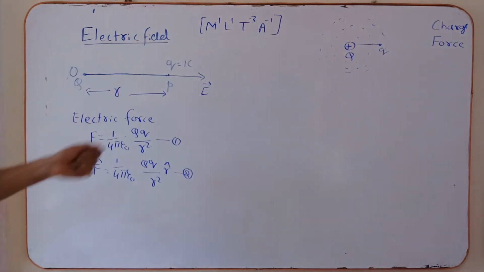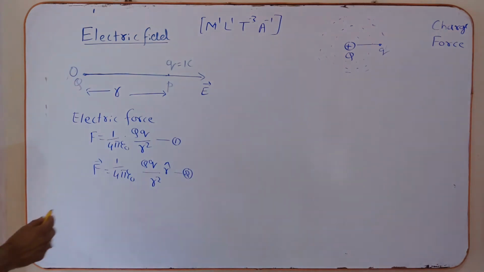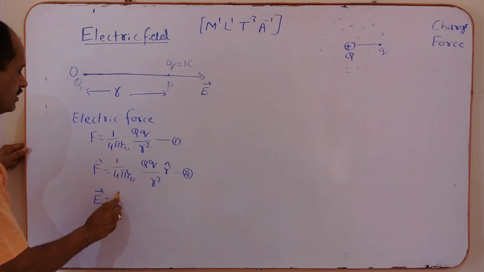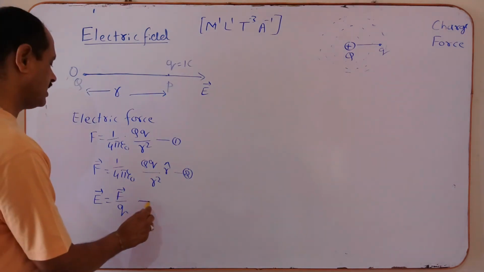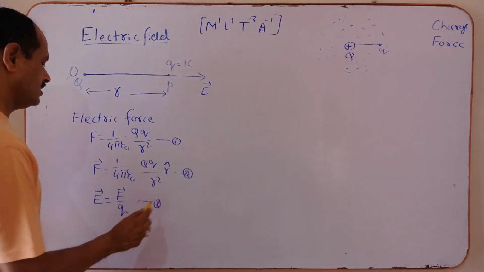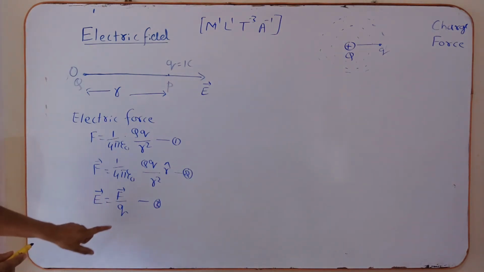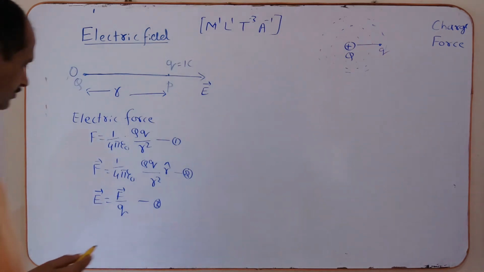Then how do you measure the electric force at this point P, that is the electric field at this point? The electric field at this point is measured by the ratio of the electrostatic force acting on the charge to that charge which is placed at that point P. Ratio of this gives the electric field.